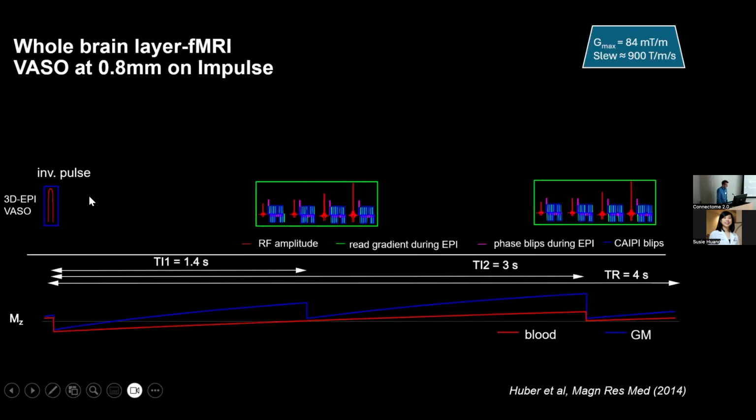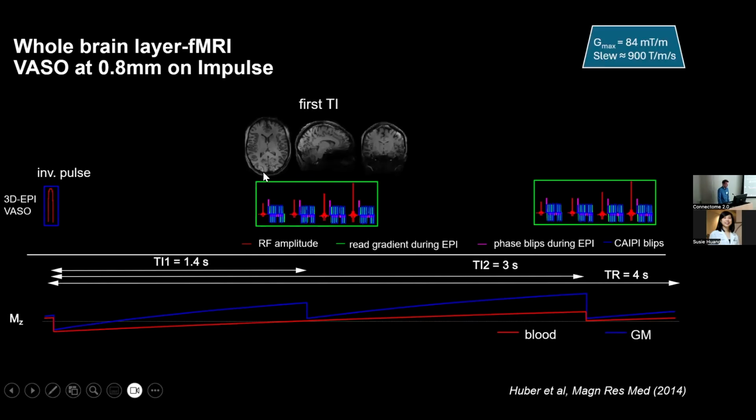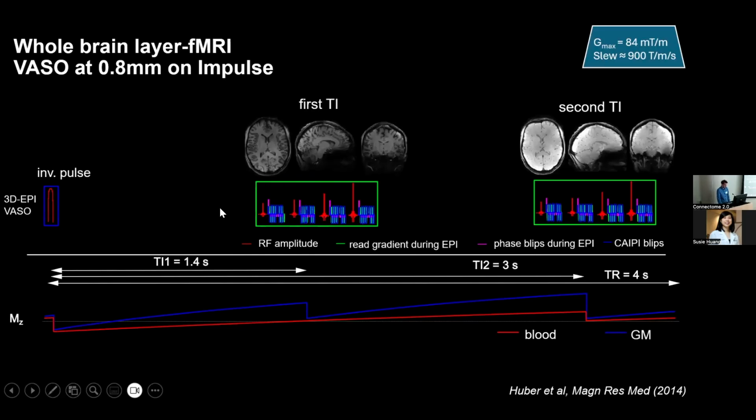Because there the challenge is that in these inversion recovery sequences, we need to acquire 2 images along a single inversion recovery period after this inversion pulse that is played out every TR. And due to the physics of the blood T1, we only have about 2 seconds available to acquire this image, which is just not possible with a conventional Terra X scanner. So we want to have 2 images, whole brain, sub-millimeter, in like 4 to 5 seconds.